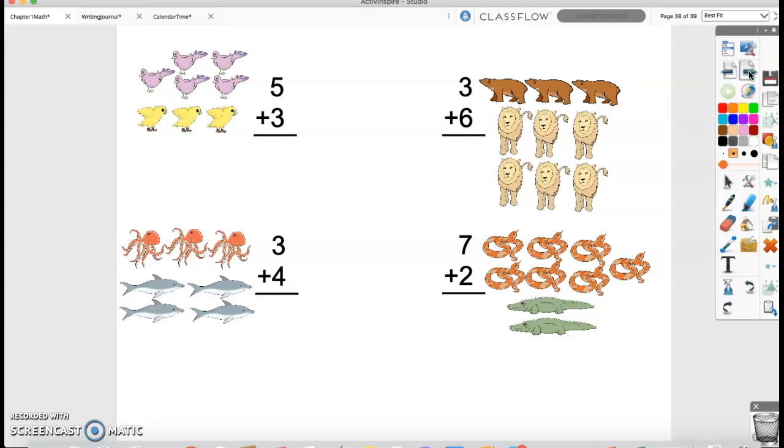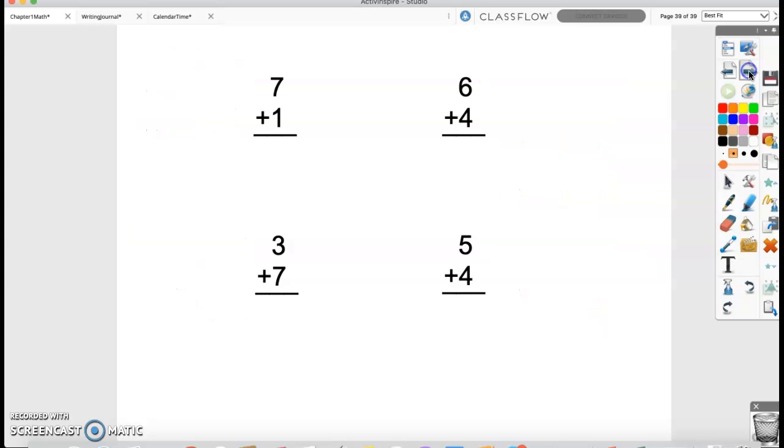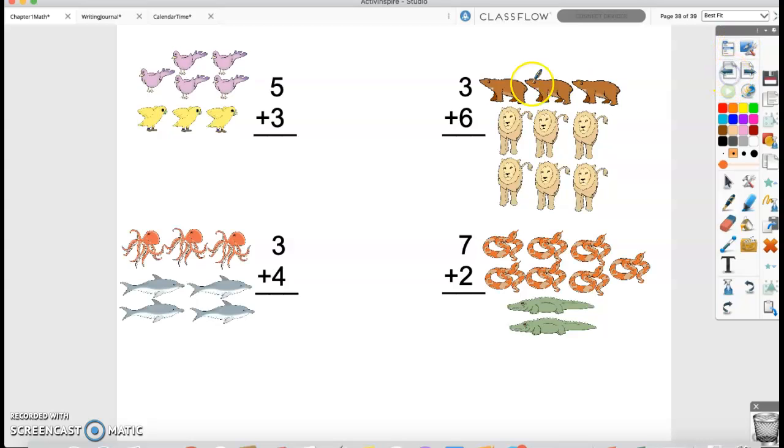So we've used pictures to help us add, is one of our strategies. So I have 5 plus 3 equals. Remember, this line right here means equals. So when I say my problem, that's how I will say it. 5 plus 3 equals.